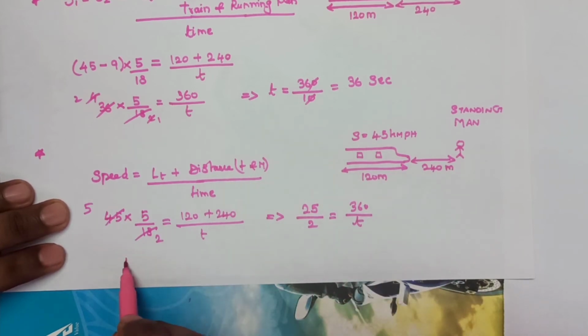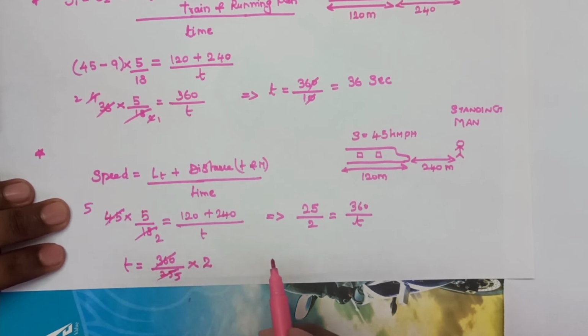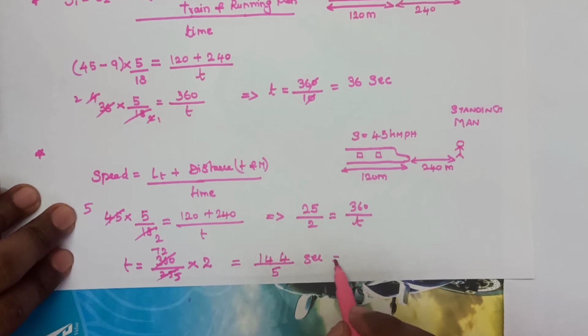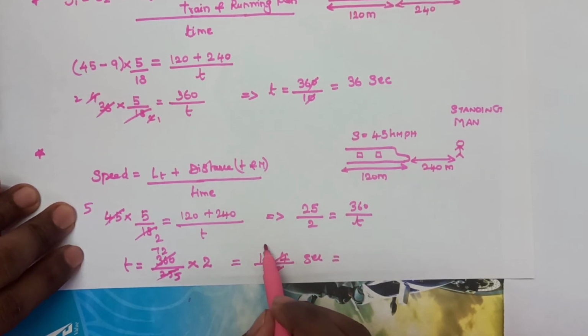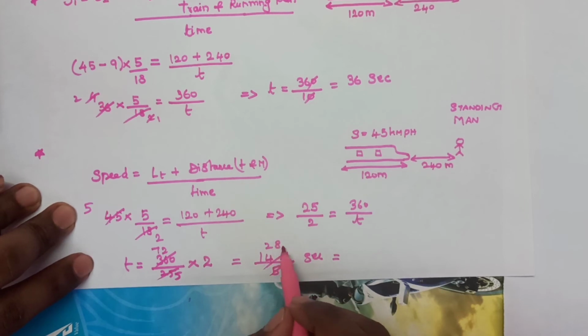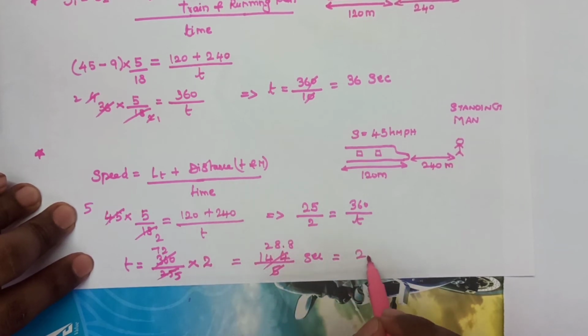And finally t equal to what? 360 divided by 25 into 2, right? 5 fives are 25, 7 fives are 35, remaining 1, 2 fives are 10, 2 twos are 4, 7 twos are 144 divided by 5 seconds. So you can simply put 144 divided by 5 seconds, or else just simplifying this, 2 fives are 10, remaining 4, 8 fives are 40, 8 fives are 40, 28.8 seconds, right?